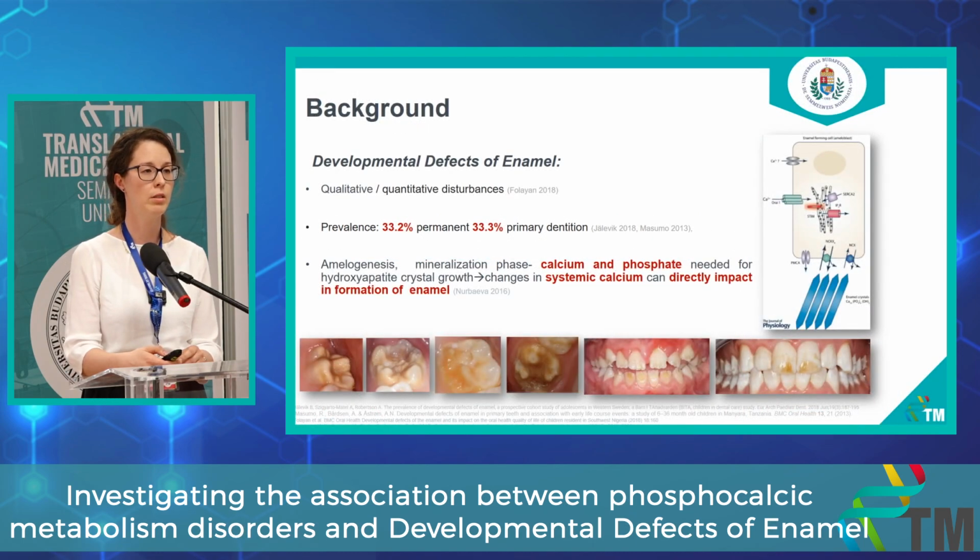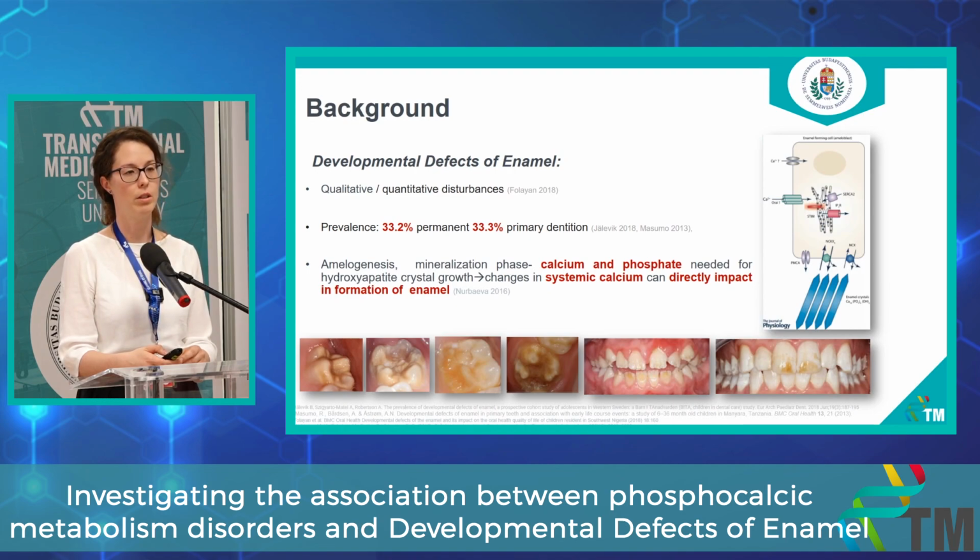And the background is that these defects can be qualitative or quantitative disturbances, which can range from light disturbances to even the total absence of the enamel. The prevalence is 30%, in both primary and permanent dentition.